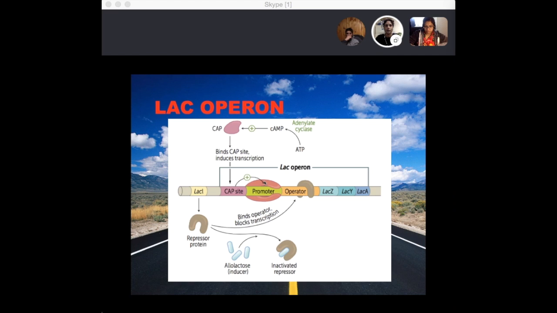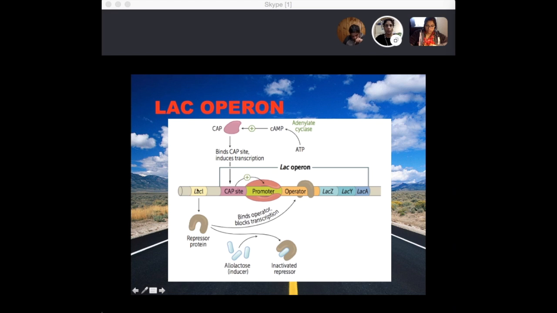Okay, so again, remember, we only want to transcribe if these genes have lactose available. So to ensure that we don't transcribe if there is no lactose available, there is an inhibitor protein, and that's encoded also in the DNA by lacI, I for inhibitor.